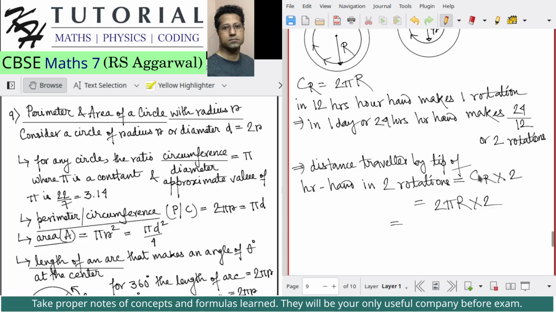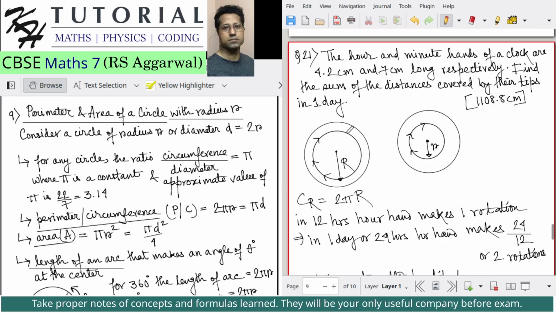Now let's find out the value of 2 pi capital R multiplied by 2, where we know that capital R, the length of the hour hand, is given to be 7.